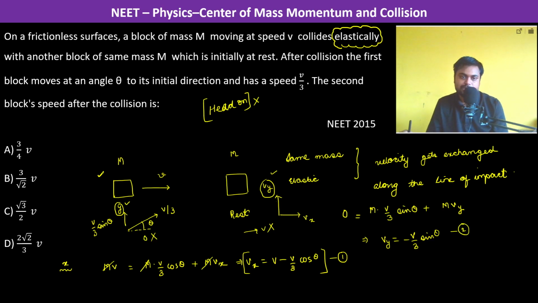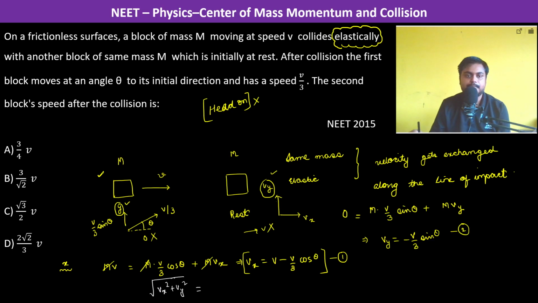Now the second block's speed after the collision. They are talking about speed, so we have to take the root. So root over vx square plus vy square.